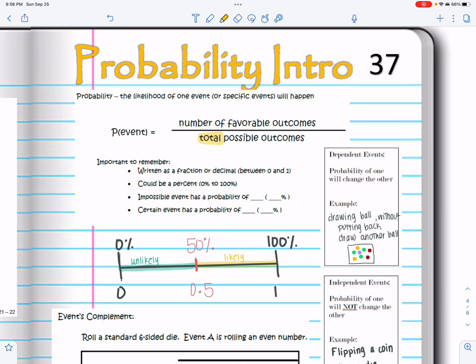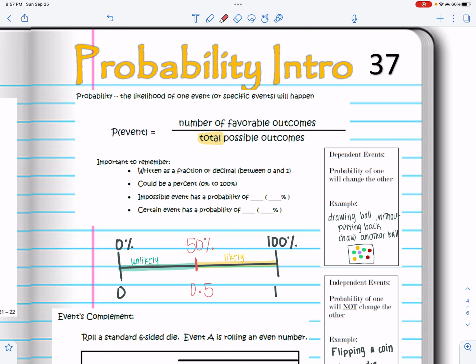But just some overview things about probability. Typically, it's written as a fraction or a decimal, but it can also be written as a percent. And then there are two extremes. We have this idea of an impossible event or a certain event. An impossible event is going to sound just like it is.